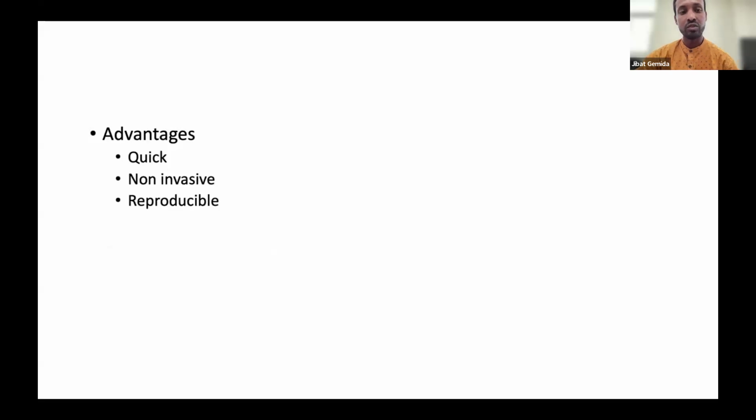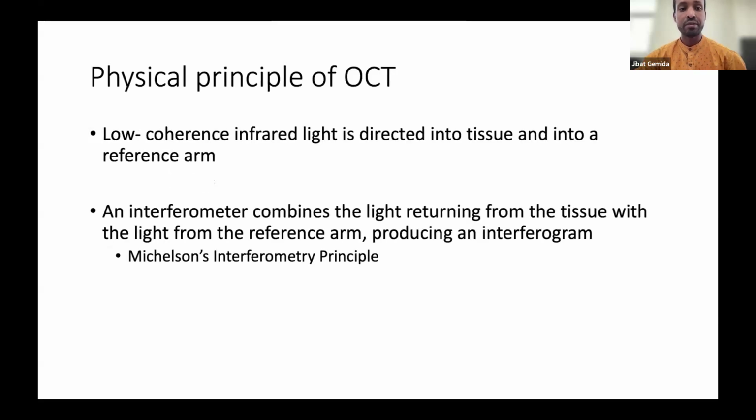The advantages of OCT are that it is quick, non-invasive, and reproducible. The principle is that low coherence infrared light is directed into tissue and a reference arm. An interferometer combines the light returning from the tissue and the reference arm to produce an interferogram. This is called Michelson's interferometer principle.